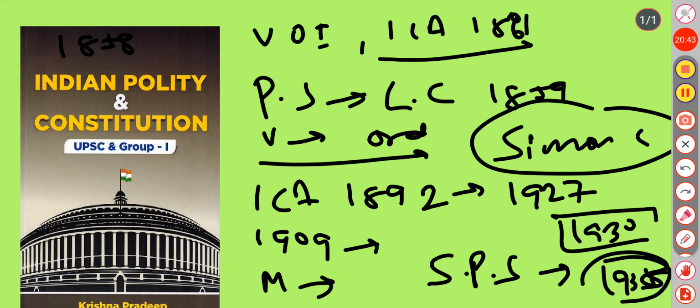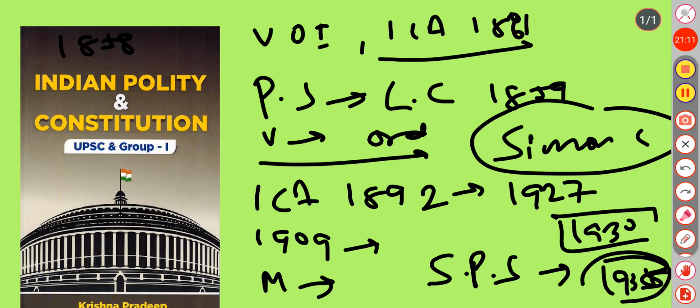Now diarchy was abolished in the province, but it was introduced at the central level, right? And it provided for the establishment of an all India Federation consisting of provinces and princely states as units, but the federation did not come into effect. So it introduced bicameralism in 6 out of 11 provinces.